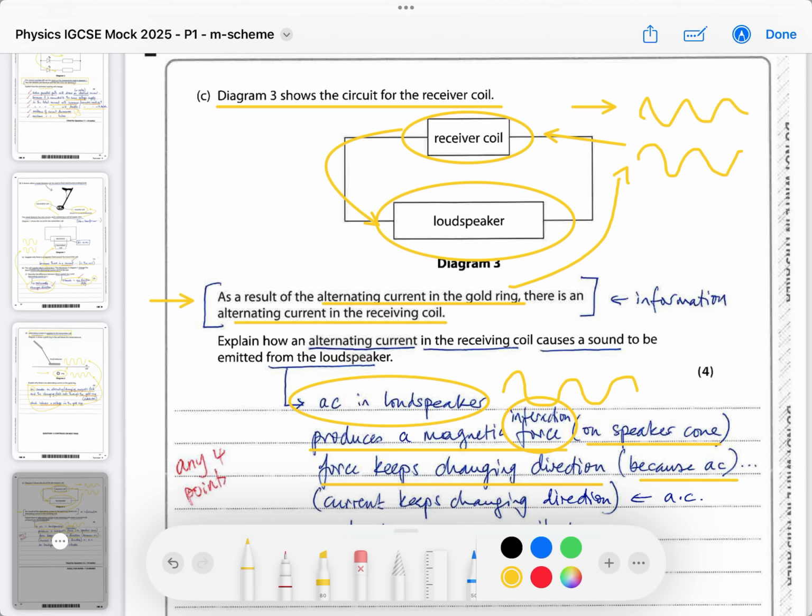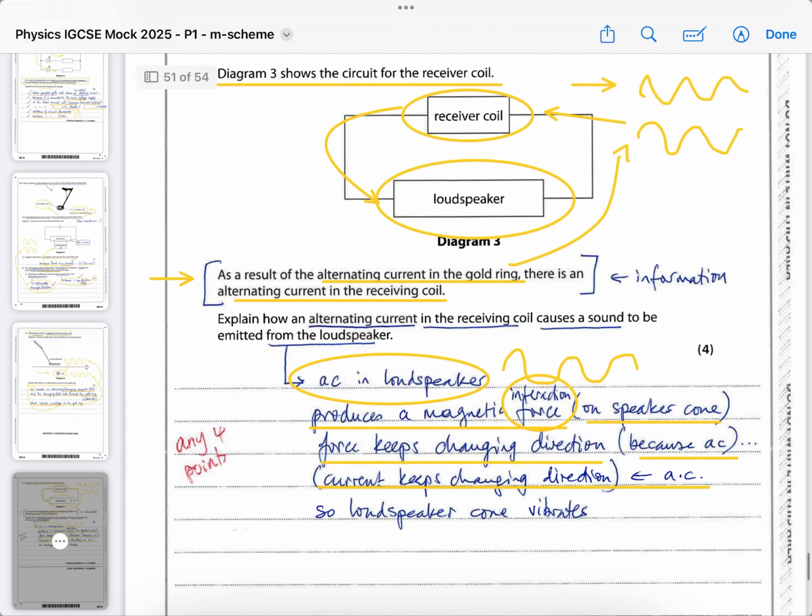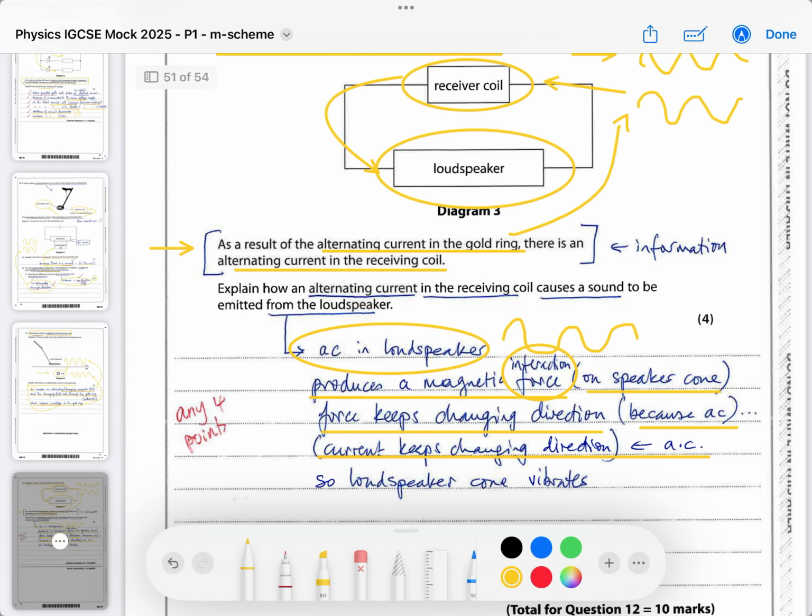If the current's going the other way, the force will be in the opposite direction. So the current keeps changing direction because it's AC. And because of that, the loudspeaker cone vibrates. And if the loudspeaker cone vibrates, vibration emits sound. So it causes a sound due to the vibrations.